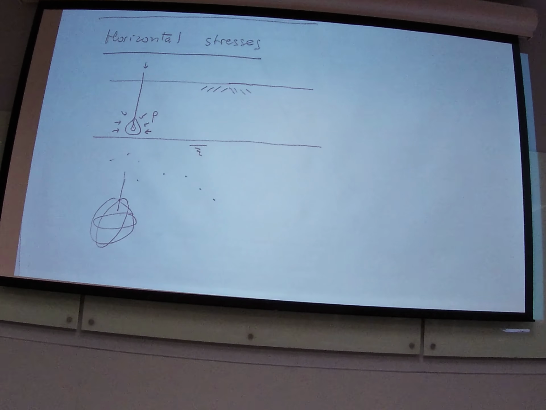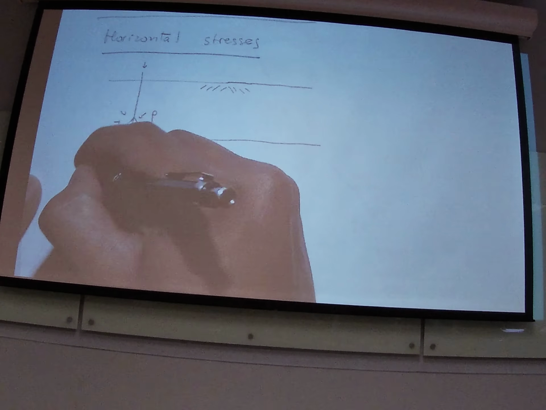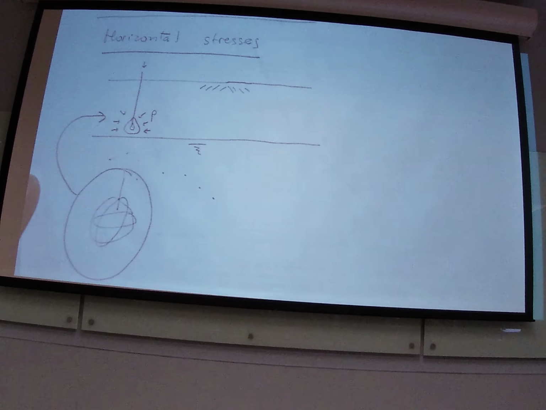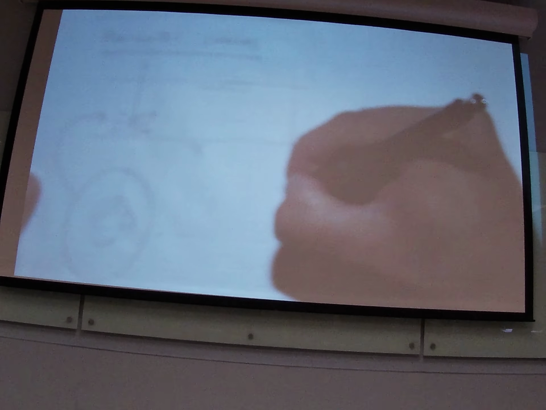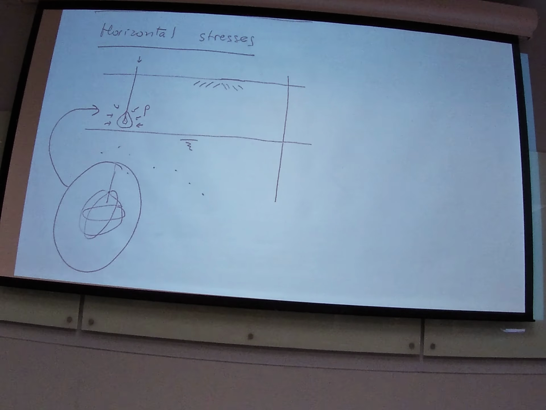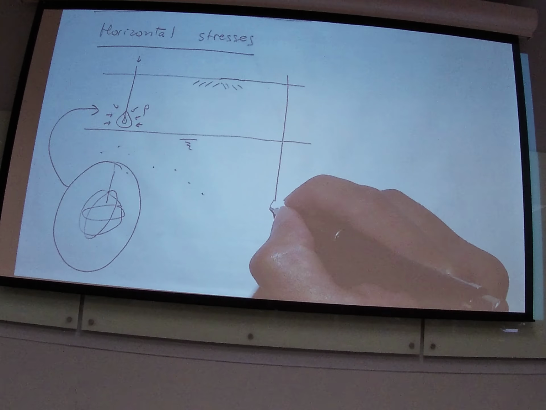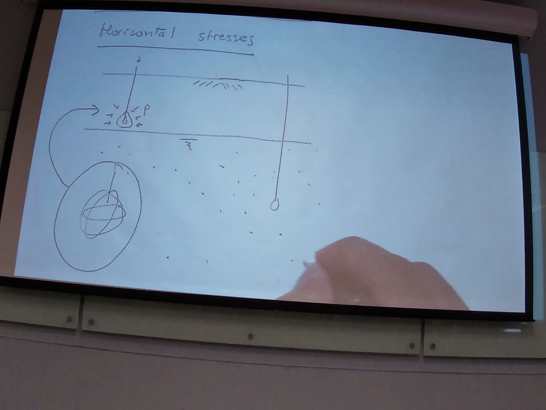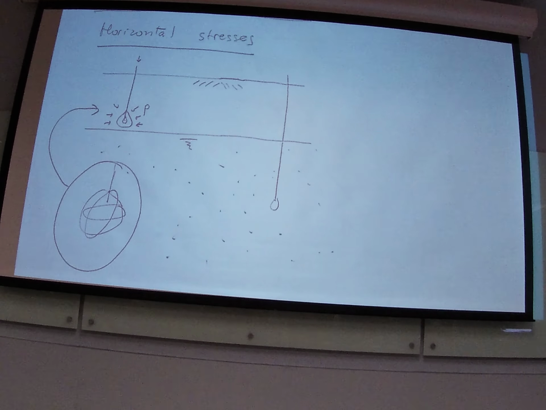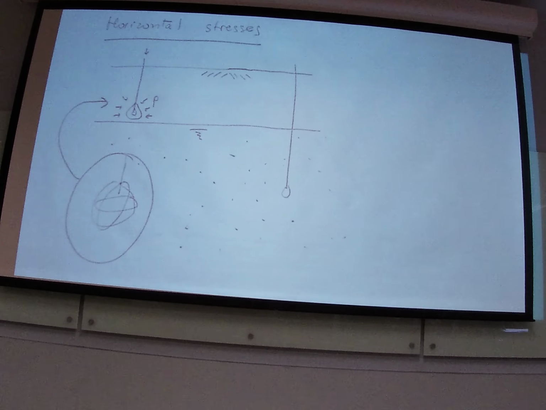Because that was the forces. So what about if now we get this wellbore and we make it a casing and we put a balloon now under the seafloor. Now we start inflating again the balloon.